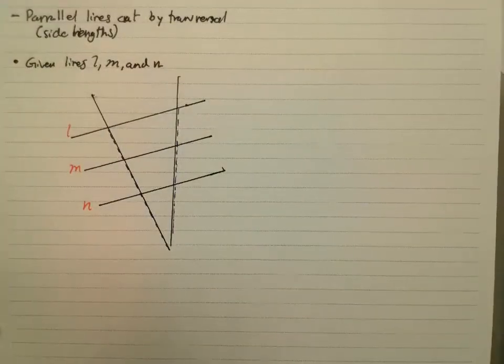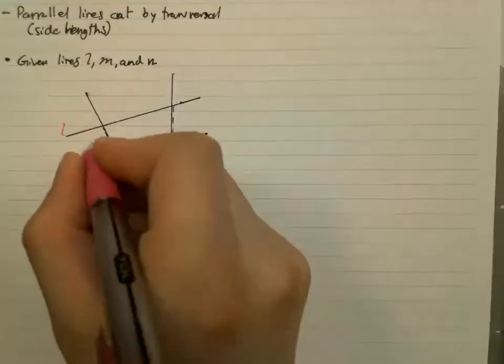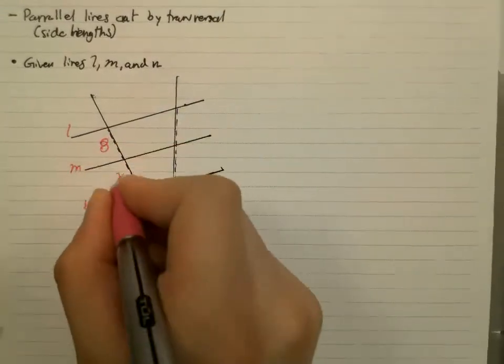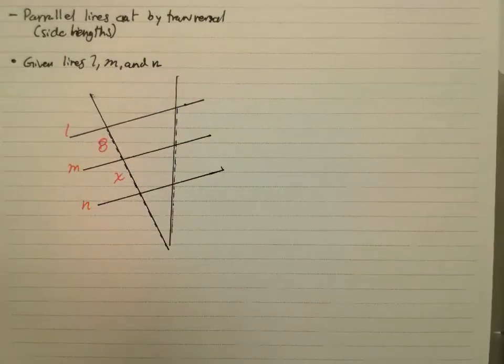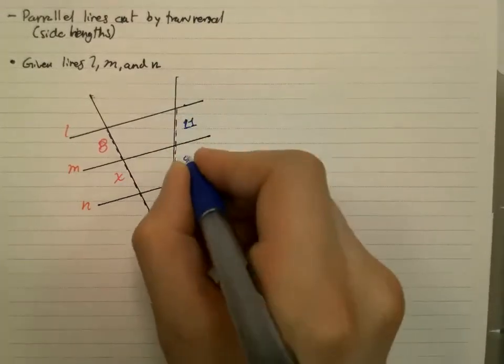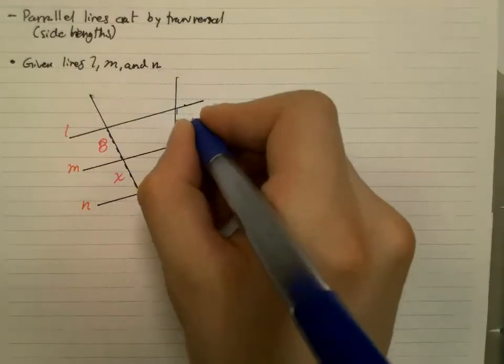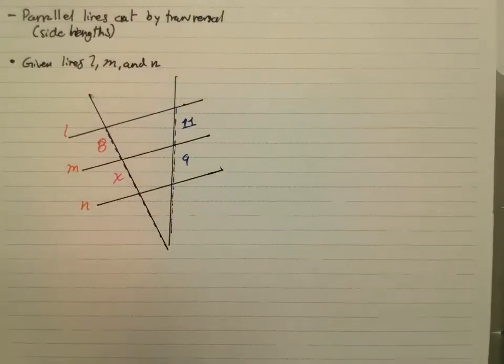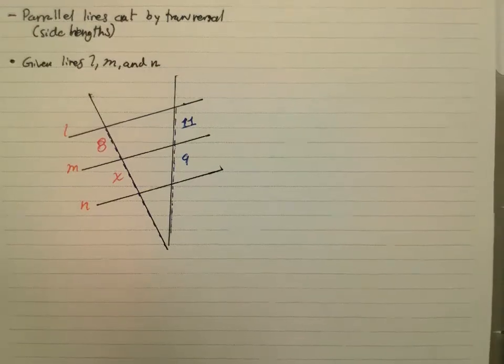And let's say that I have a length on one side that is 8 here and x here. And on the other side, it's 11 and 9. Before you ask, yes, this will be slightly different than your warm-up. It's okay. I'm mainly doing this for the procedure so you can see how you're supposed to do the warm-up, okay?